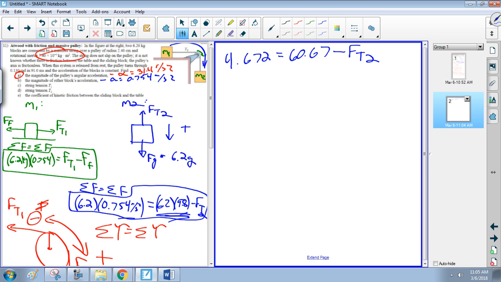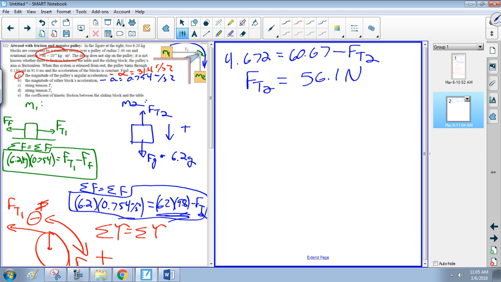So solve this and you find that the force of tension 2 is 56.1. So that's actually question D, right?